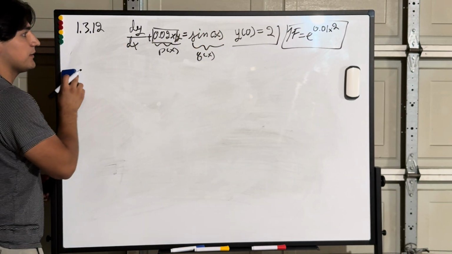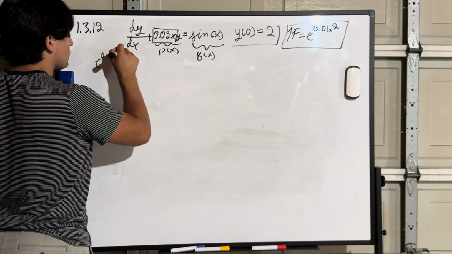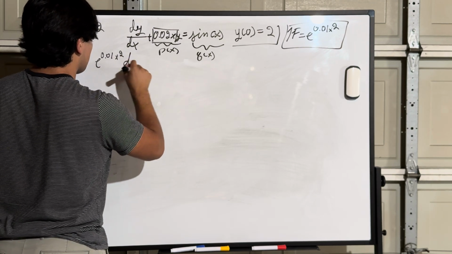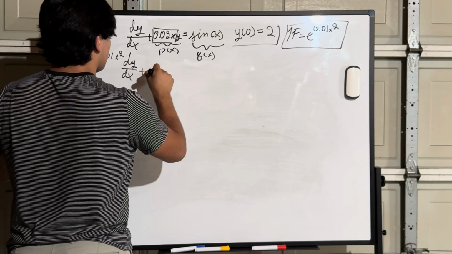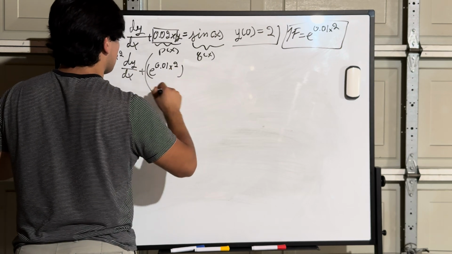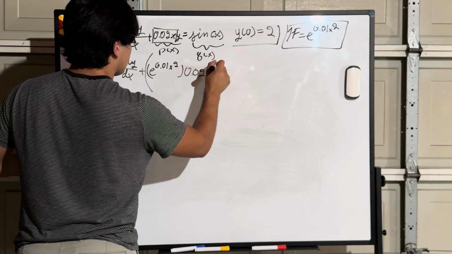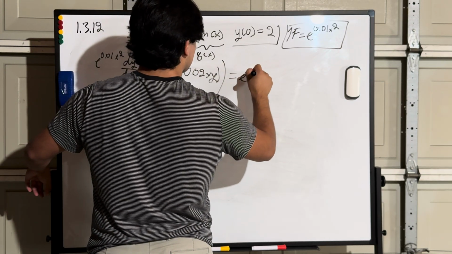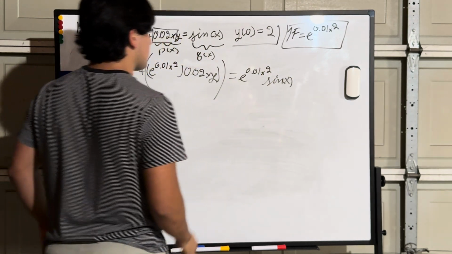So we do what we've been doing for all the other ones. e to the 0.01 x squared dy dx plus e to the 0.01 x squared times 0.02 xy equals e to the 0.01 x squared times sine x.